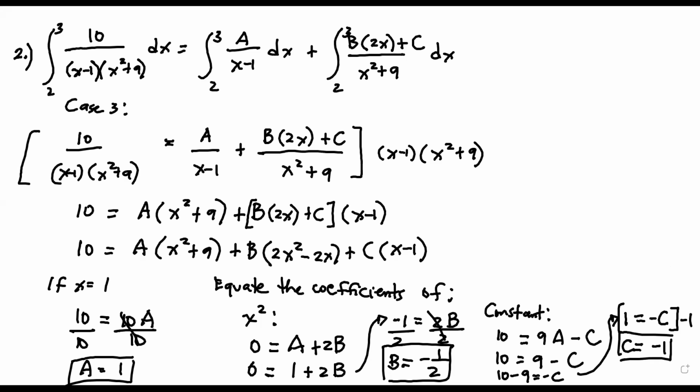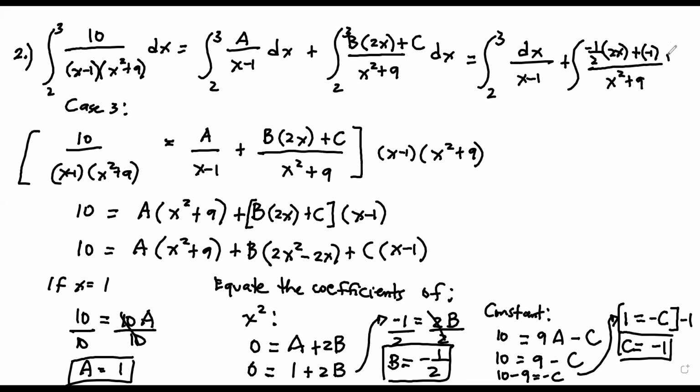Okay, so we'll have A is 1, integral of dx over x minus 1 plus the integral of B is negative 1 half. So negative 1 half multiplied by 2x plus negative 1 over x squared plus 9 dx.